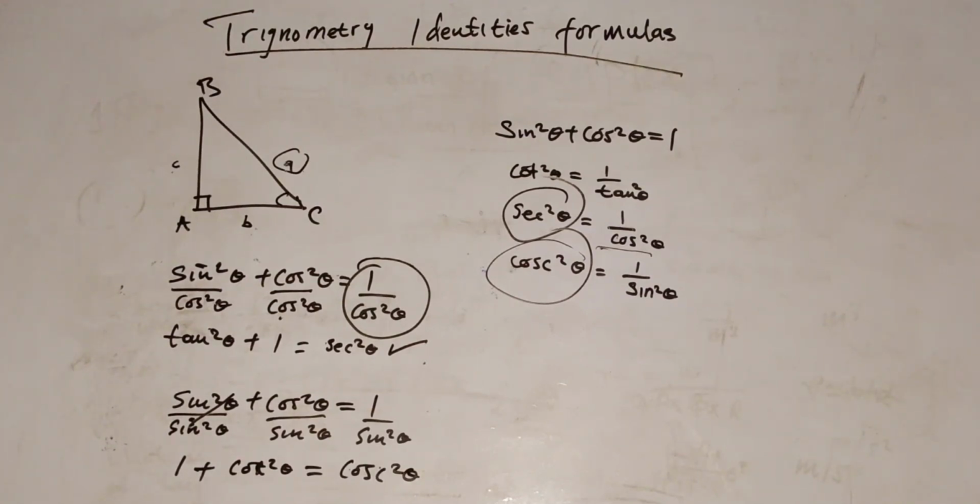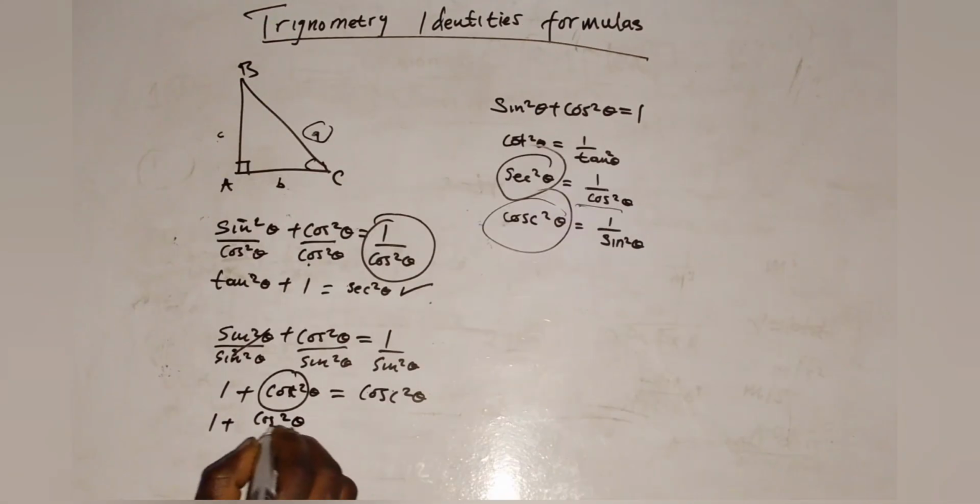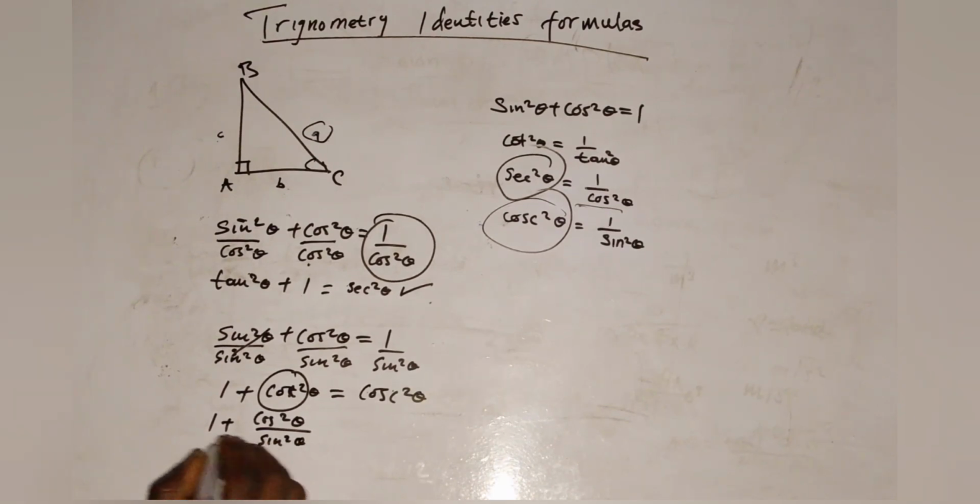If you are lost, let me help you understand by saying 1 plus cos squared theta over sine squared theta over 1.